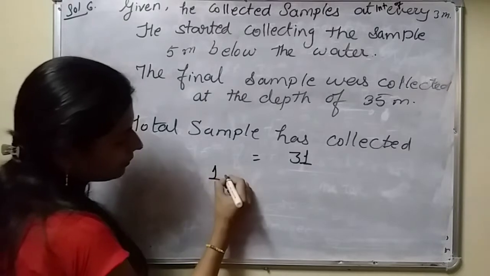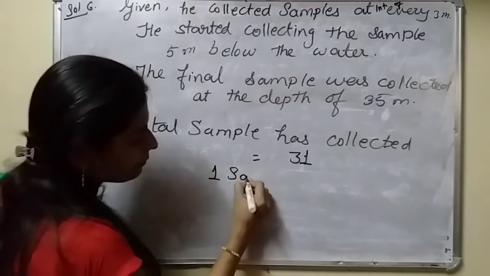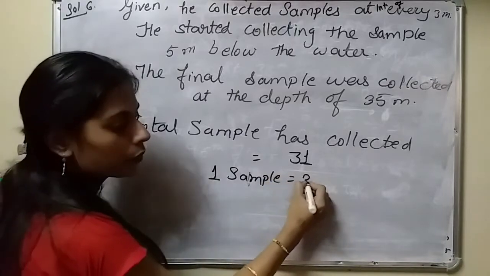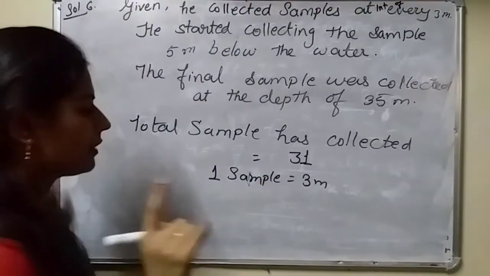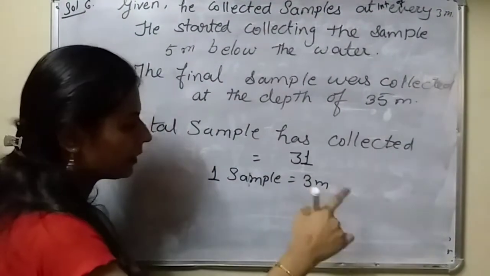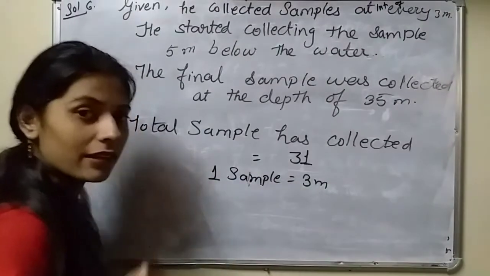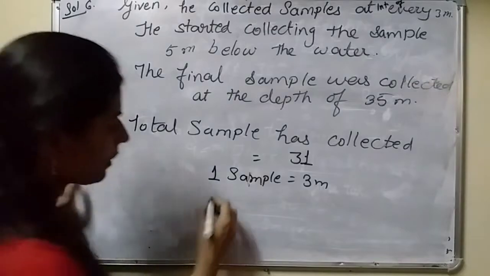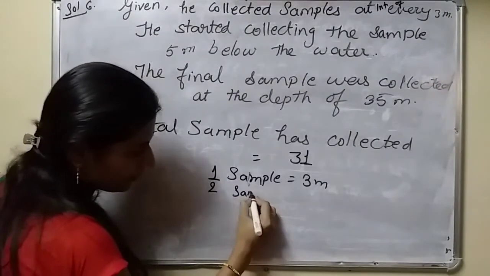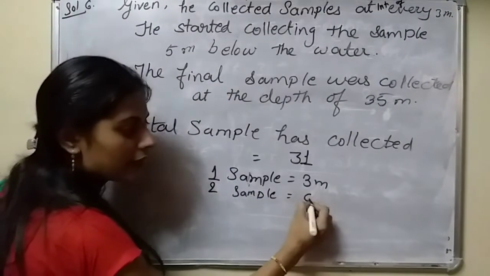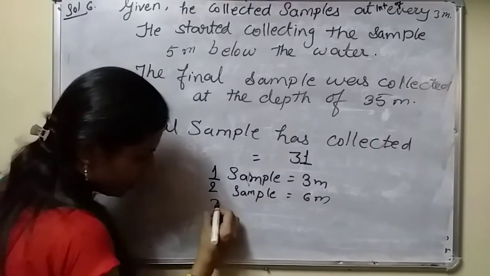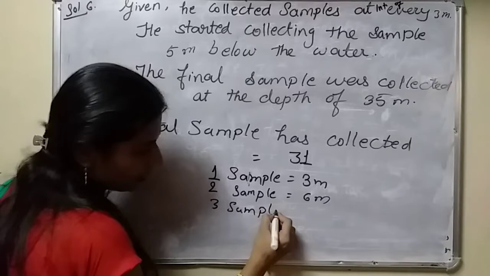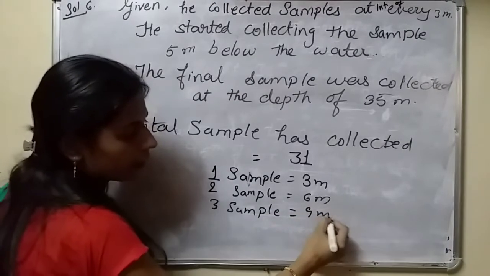So one sample is equal to 3 meters. One sample per 3 meters. In every interval of 3 meters he has taken one sample. Then 2 samples, it means he has taken in 6 meters. 3 samples he has taken in 9 meters.